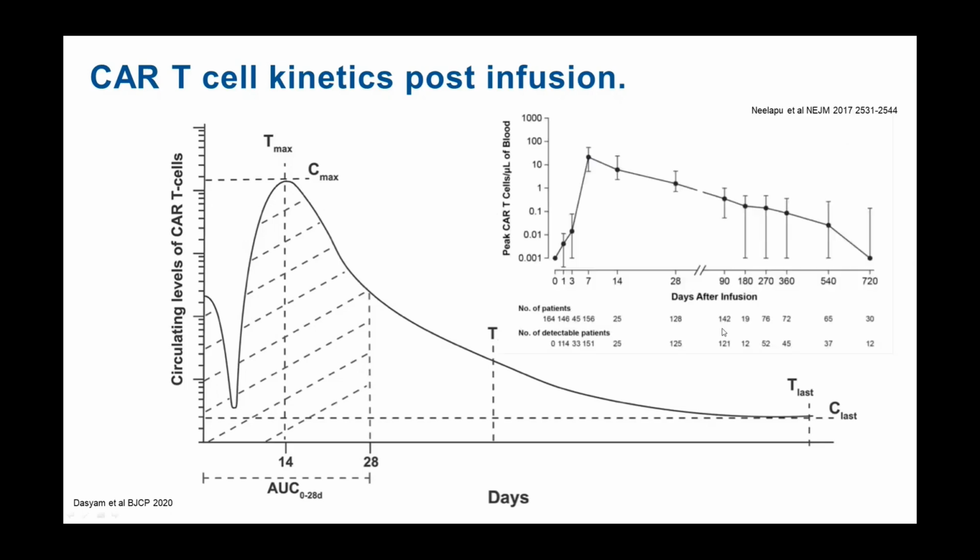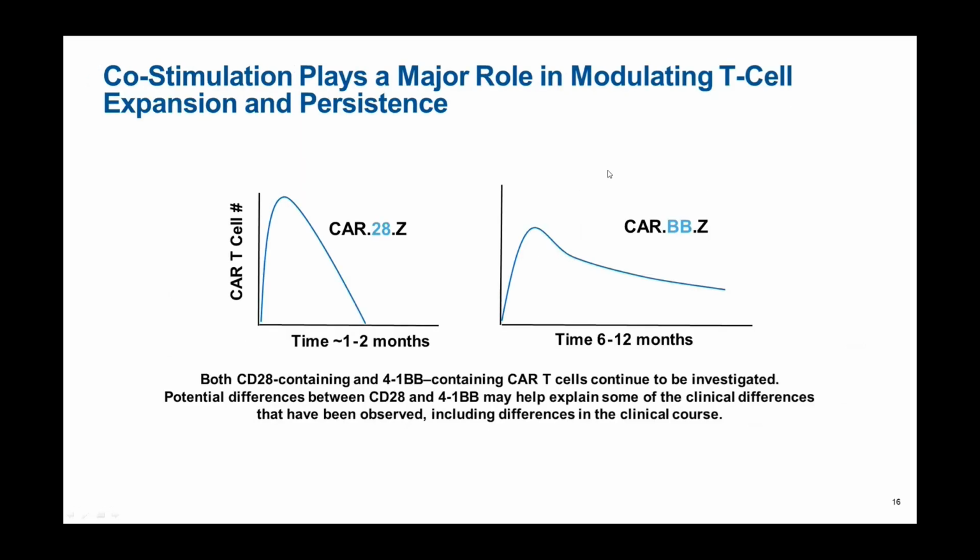This data that I'm showing now actually refers to the peak CAR T cell monitoring for axi-cel. So I think, as you can see here, as utilizing a CD28 construct, we see a more prompt peak expansion of CAR T cells, which is manifest around the 7-day mark. And we think that this then encourages the manifestation of toxicities.